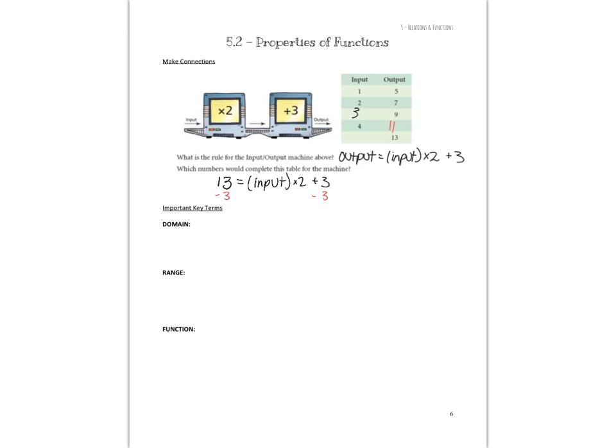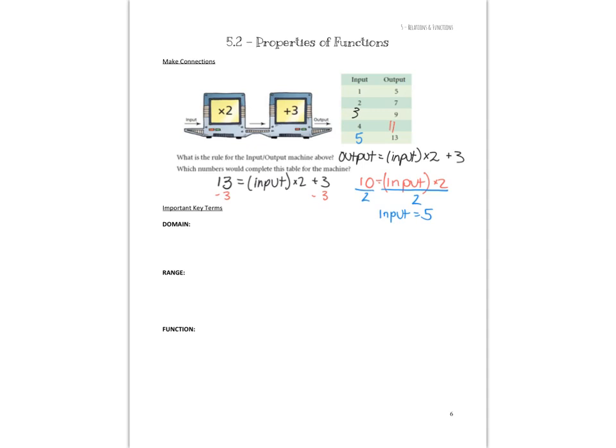So moving that over, we're going to get 10 is equal to the input times 2. Now to get the input by itself, we need to divide both sides by 2. So input equals 5 here. We could test that. 5 times 2 is 10, plus 3 is 13.